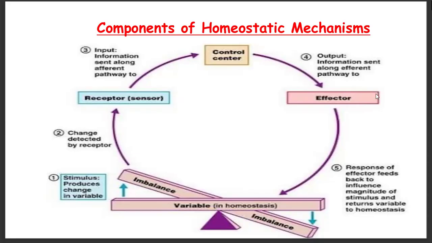And that effector organ is going to make sure that there is balance of that variable in homeostasis that we've already talked about. So the whole process starts with an imbalance in the variable. Then that imbalance is detected by the receptor, from there to the control center to the effector, and the effector is going to make sure the parameter is brought back to normal. There is a balance like that.